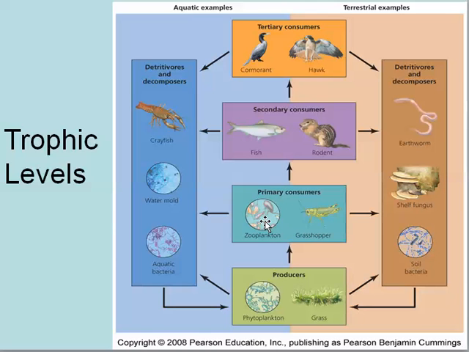We would also call them herbivores. Eating the herbivores are carnivores. They are secondary consumers, primary carnivores. And then finally, at the top of this particular food chain, you have a fish-eating bird. Again, just as in the terrestrial ecosystem, there are scavengers, detritivores, and decomposers that feed on the dead organisms from all of the other levels.